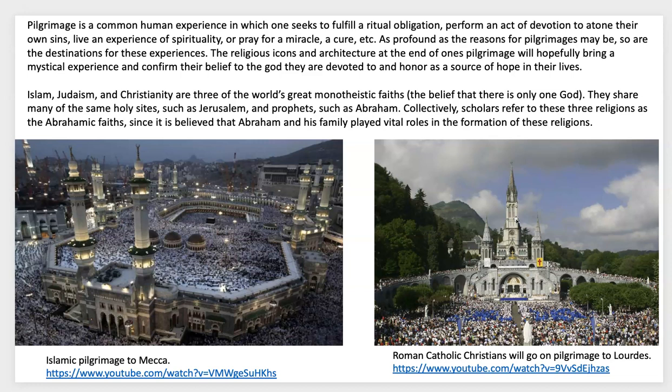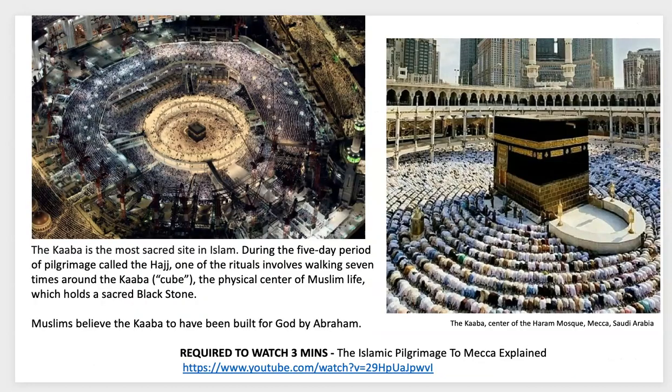And so here we've got two pictures of different faiths who subscribe to the idea of the pilgrimage. And there's a couple of videos that I encourage you to watch, but you don't have to, just explaining the power of these pilgrimages. And you can see the amount of people that also subscribe to this belief system. The Kaaba is the most sacred site in Islam, and there's the 5-day pilgrimage called the Hajj, and it involves lots of different types of rituals.